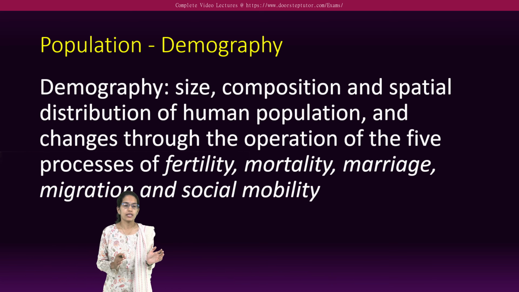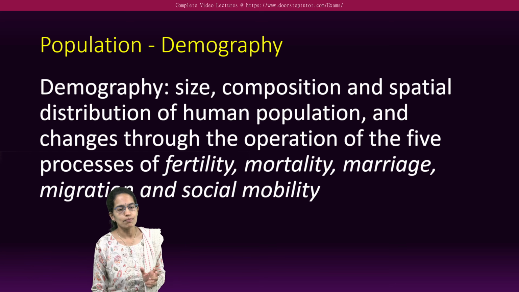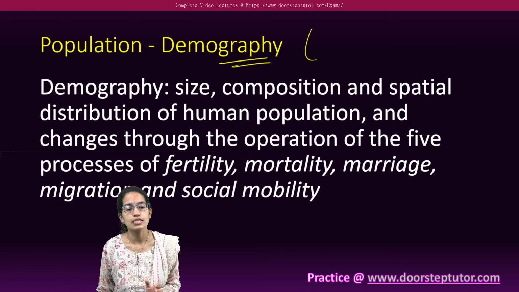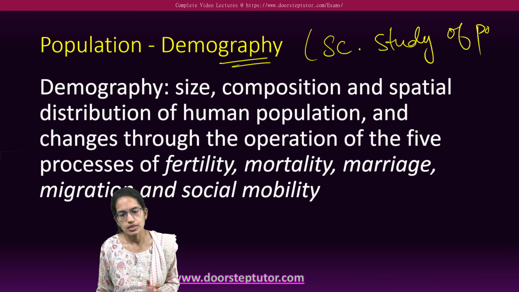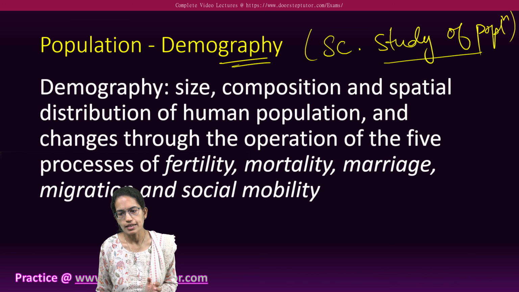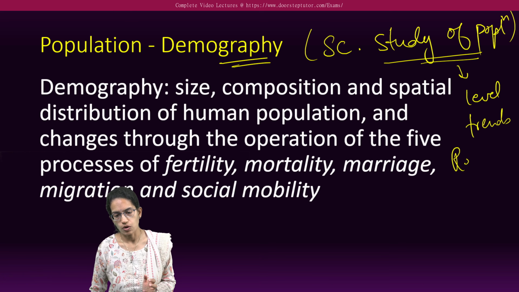Now, when we are understanding what exactly demography is, I can simply say demography is a scientific study of population. So when you are studying population in a scientific way, you need to understand the levels and the trends. These are based on records and surveys.